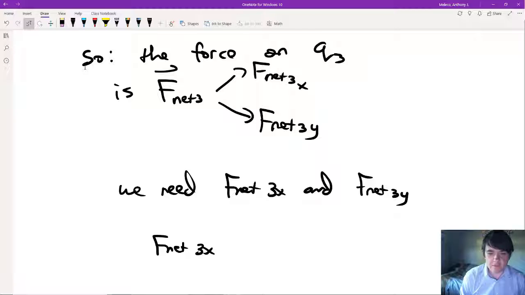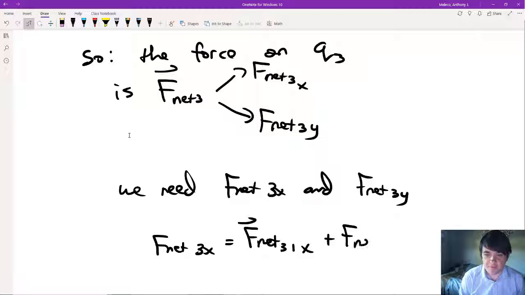Fnet 3x is going to be F net 3,1 in the x direction plus F net 3,2 in the x direction, right?